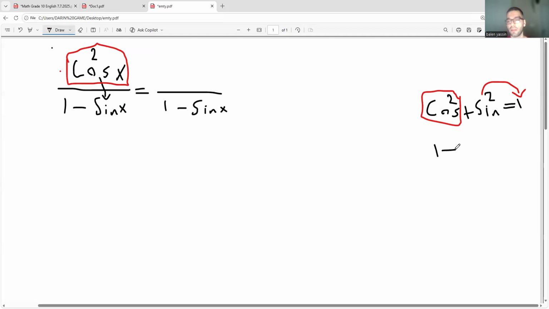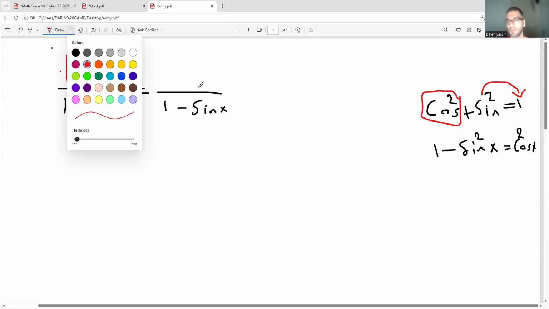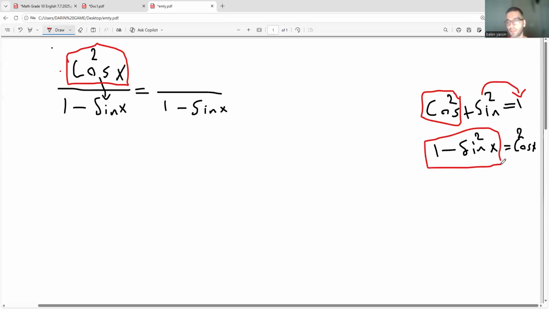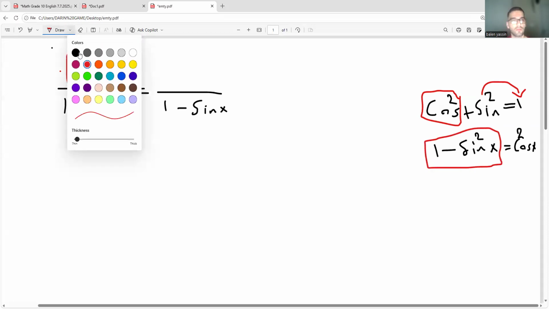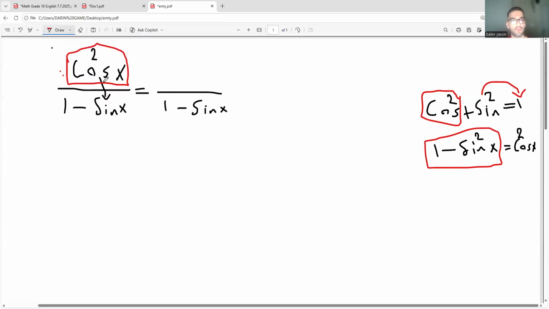Okay. So you will have 1 minus sine of, let's say, x squared equal to cosine of x squared. So we can replace cosine of x squared by this expression. Okay. So yeah, simply we replace this expression, red part, with the 1 minus sine of x squared.